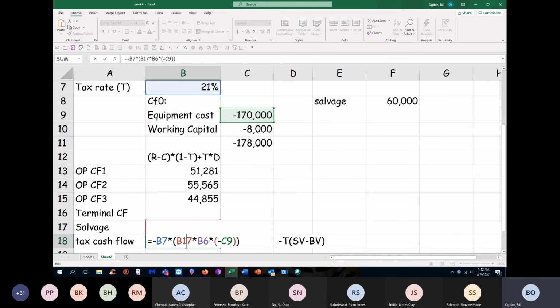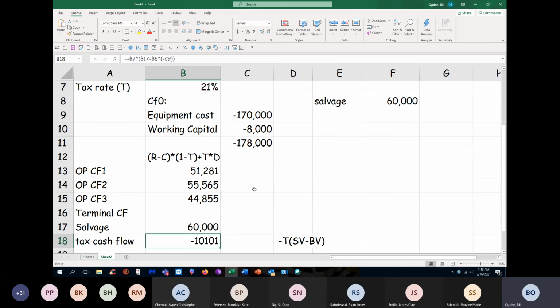Wow, that's a good one. What did I do here? Oh, sorry. This should be minus. There we go. So tax rate minus tax rate times the salvage minus the book. All right, let's see what we get this time. There we go. That's a good number. Keep the format pretty.